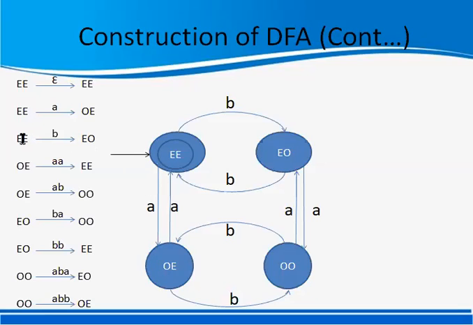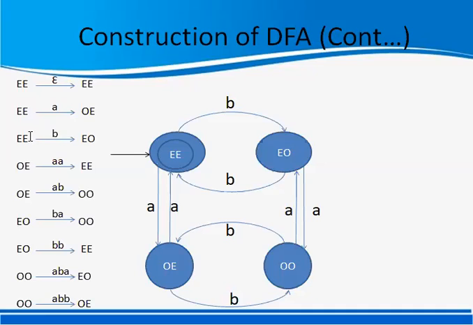Now we'll check for the input string B from state EE on input B. First we will check which category this string comes into. It comes into even number of A's and odd number of B's, because the number of A's in this given string is 0 and the number of B's is 1, that is odd.